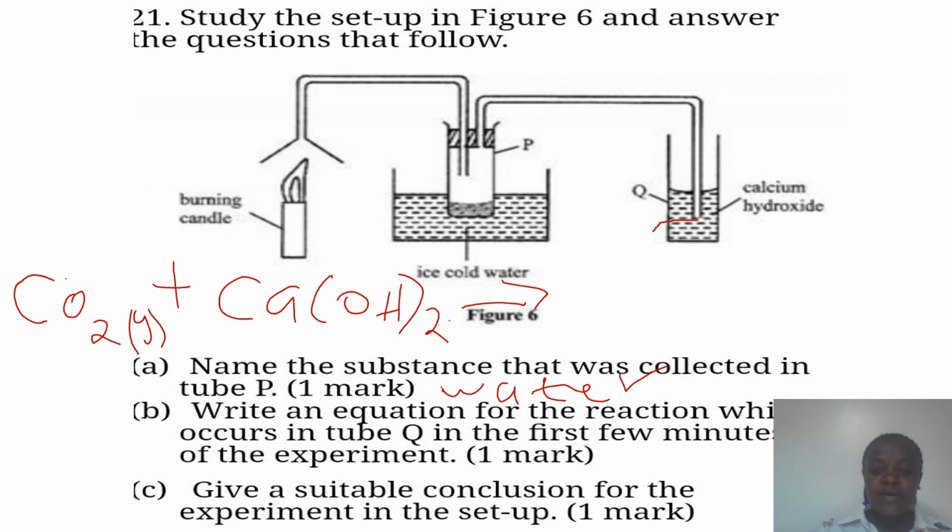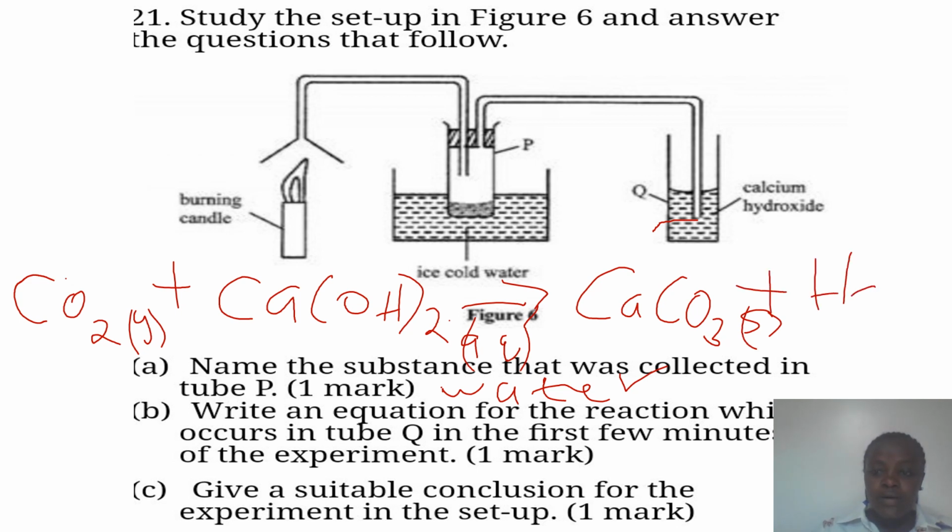It is aqueous. Then this will give us two products, that is calcium carbonate, the solid, plus water. Water is a liquid. So that will be the reaction that will be taking place in test tube Q.